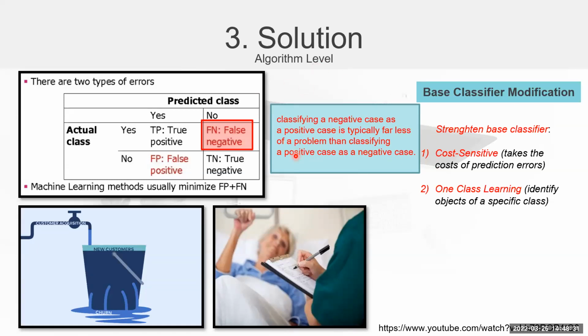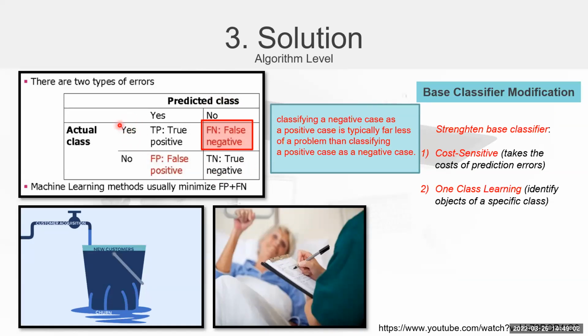This is the background of the algorithm. If we predict wrongly, this is actual yes, and this is no. If we wrongly predict a false negative, actually yes, but we wrongly predict no, that is a problem in churn prediction.